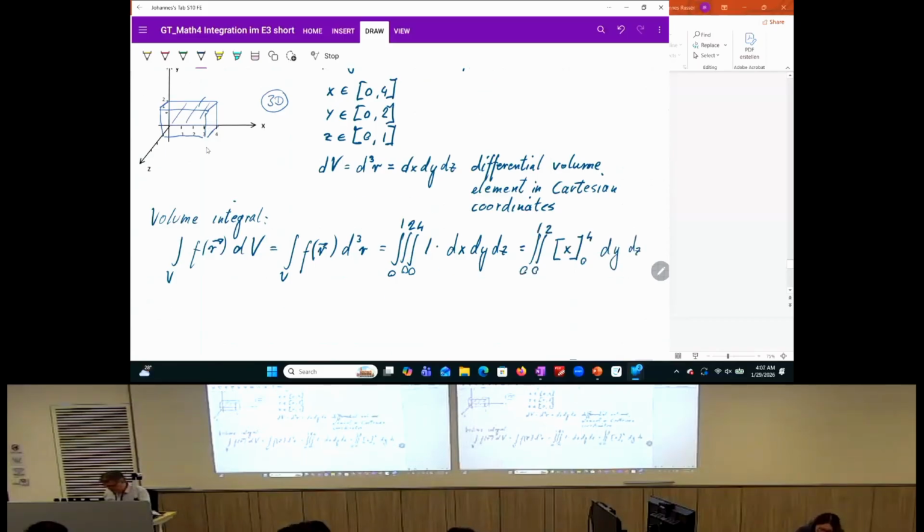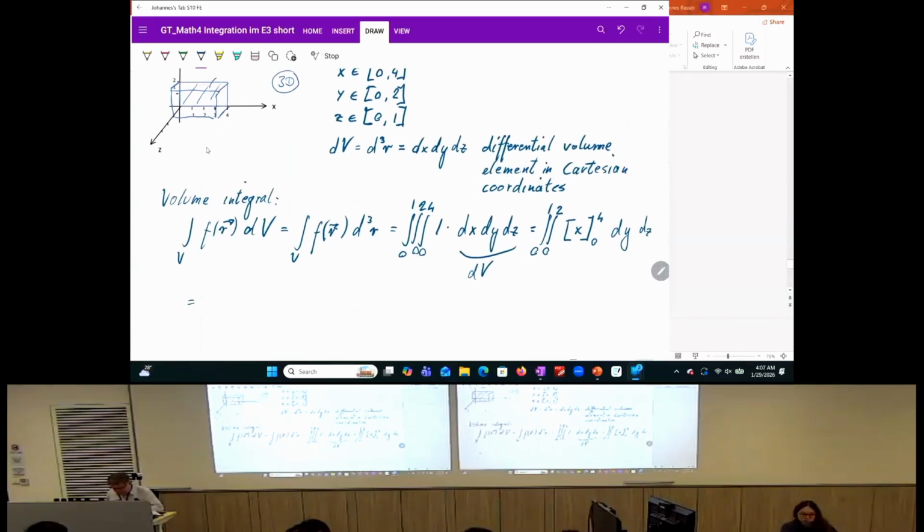And this here is your differential volume element. You keep going on. You insert the boundaries from that first integration over x. That gives you 4 minus 0. So this is 4 dy and dz.